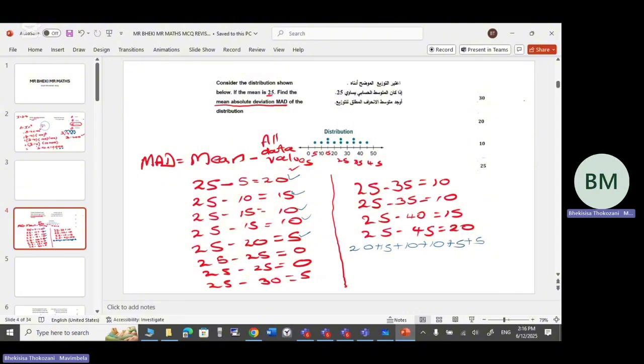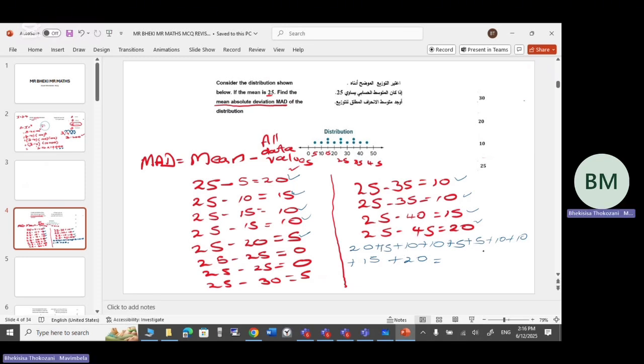And now I'm here. There's two 10s, plus 10, plus 10. I'm going to go down, guys. I don't have space. Plus 15, this 15 here, plus 20.